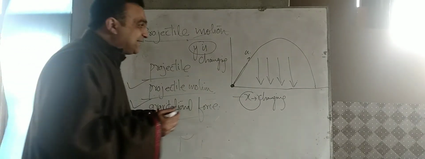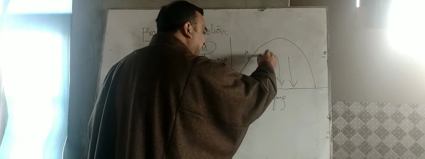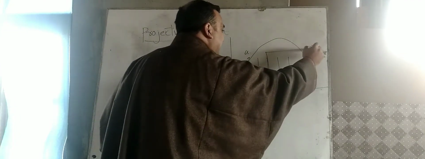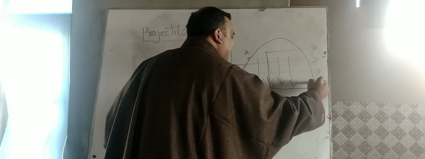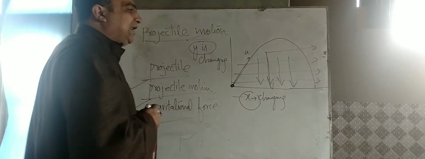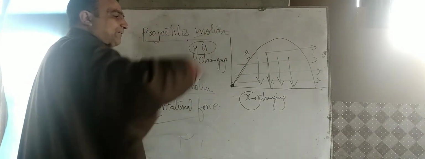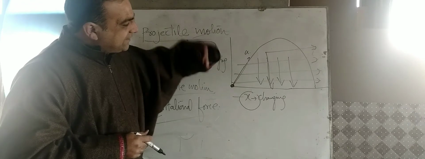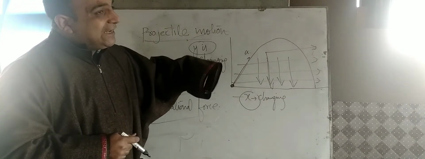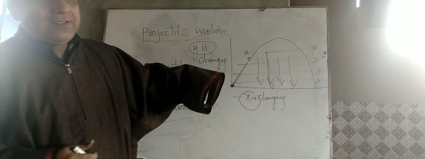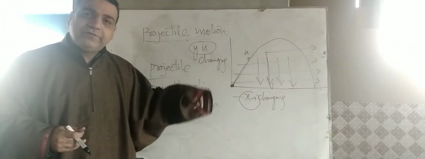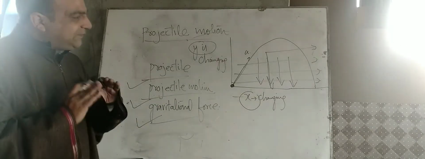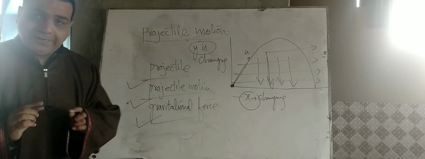Acceleration due to gravity is acting in this direction, but it is not at all acting in the horizontal direction. There is nothing attracting this projectile along the x-axis. But along the y-axis, this projectile is under the influence of the acceleration due to gravity of the earth. So this must be the most important point.